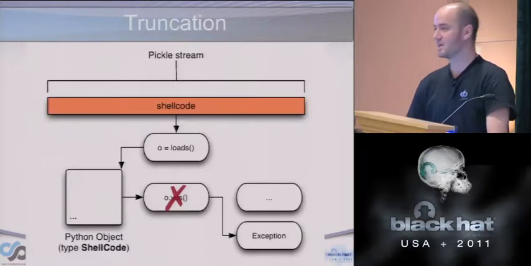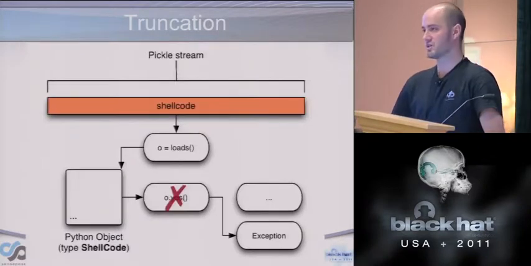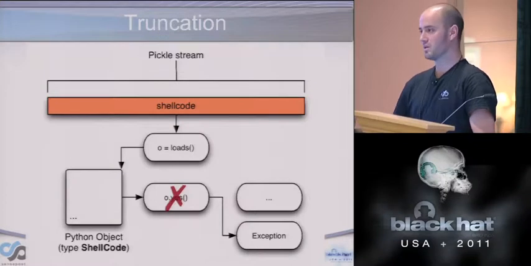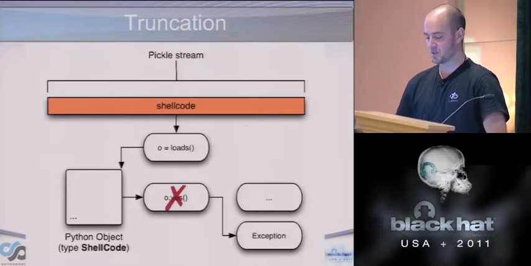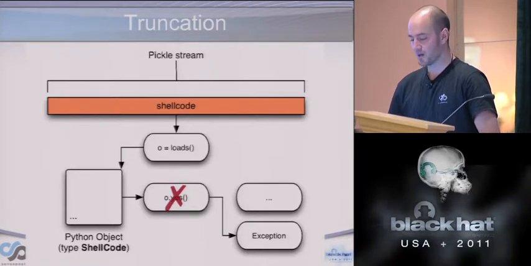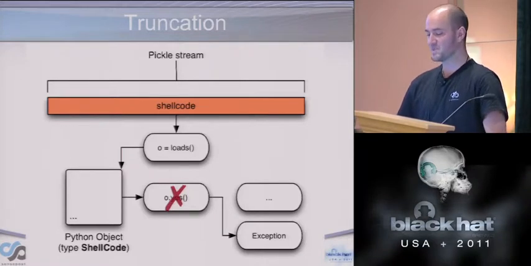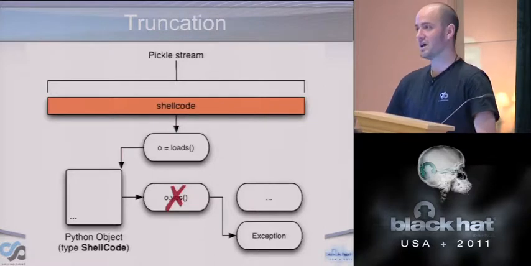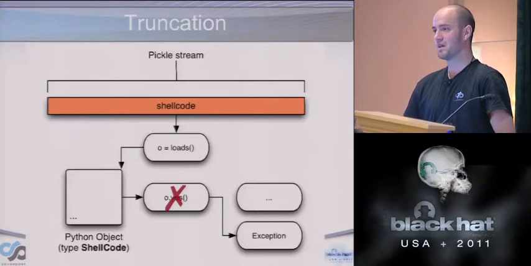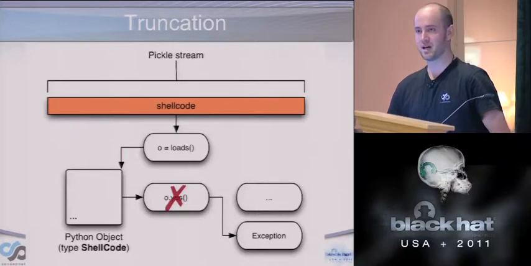However, if you completely overwrite the pickle stream with malicious shellcode, then it changes a little bit. The loads call still works completely, 100%, no problems, because the shellcode is well structured. But what's different is that the object left on the stack once loads finishes executing is not necessarily of type Foo. It may be of some other type that the attacker happens to leave there.